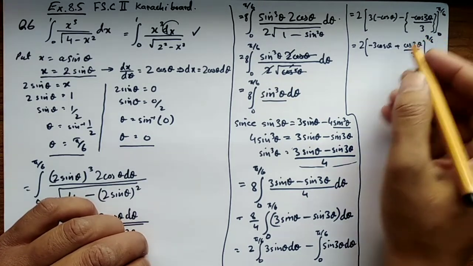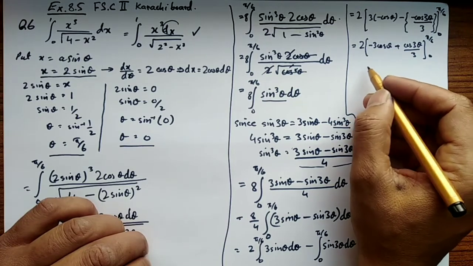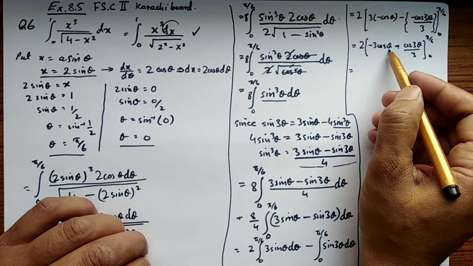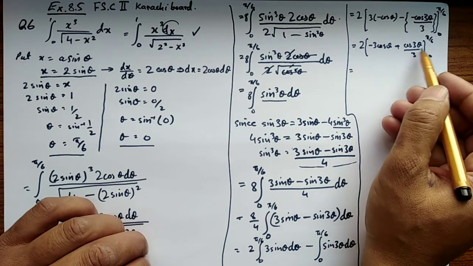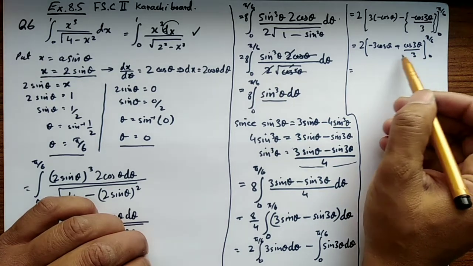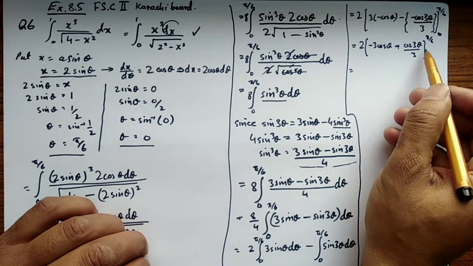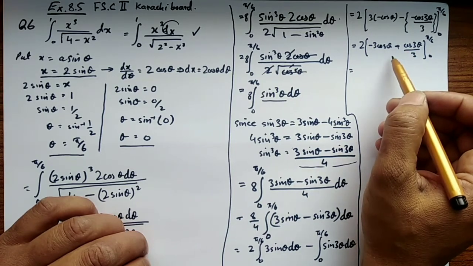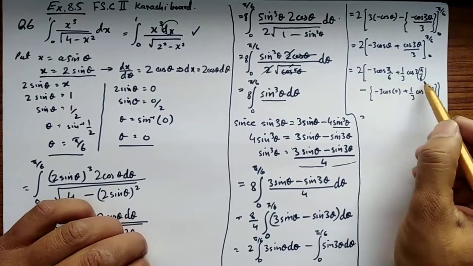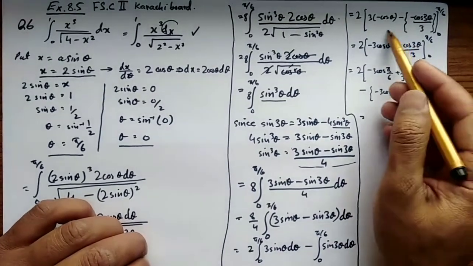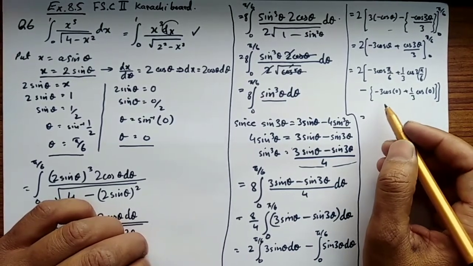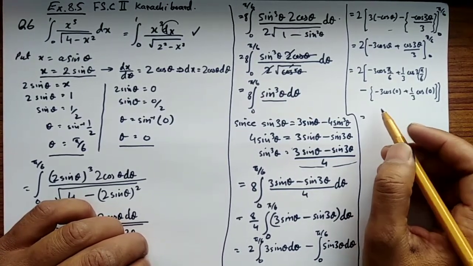And now applying these limits, putting pi upon 6 in place of this theta, and then subtracting the whole from this one putting 0 in place of this theta, we get this part. We put the value of pi upon 6 in this whole part and subtract, and then put the value of 0. These are the values we obtain.